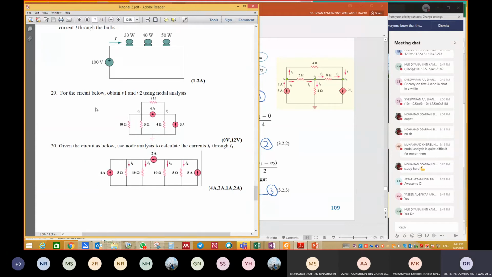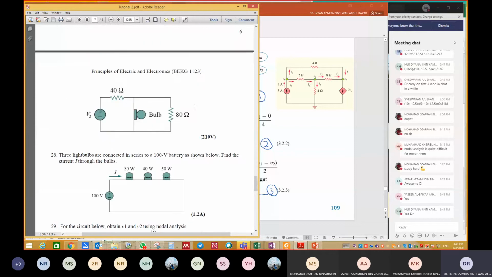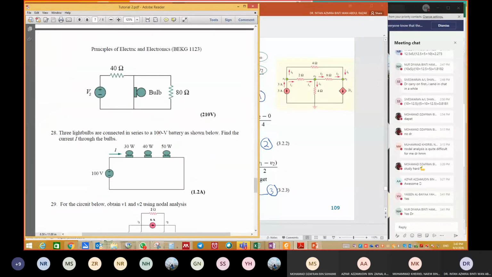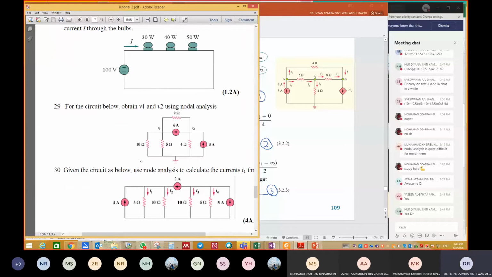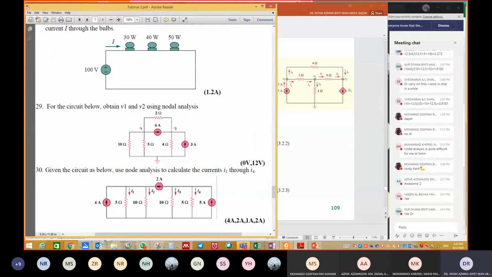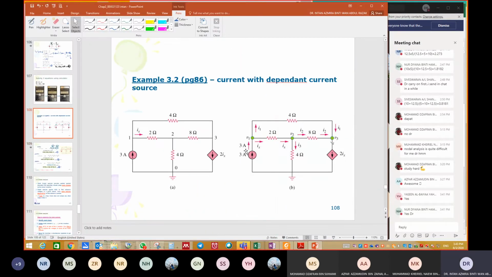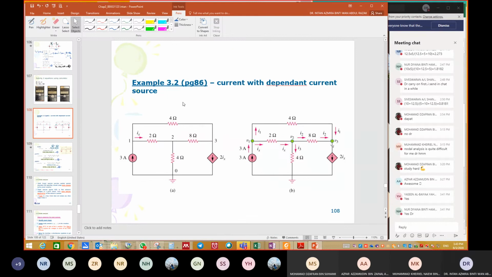Let's try tutorial number 29. Okay, number 29. How about this question?